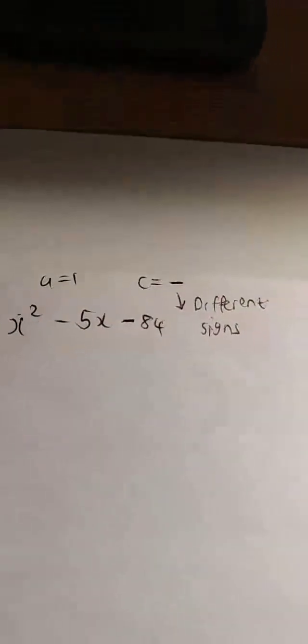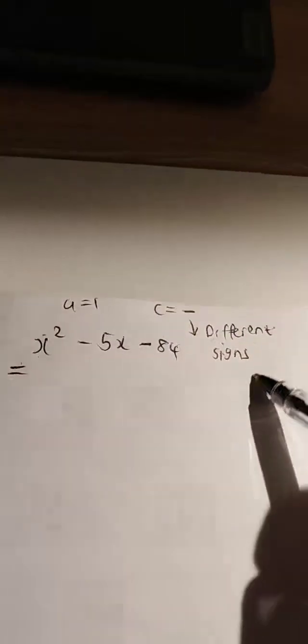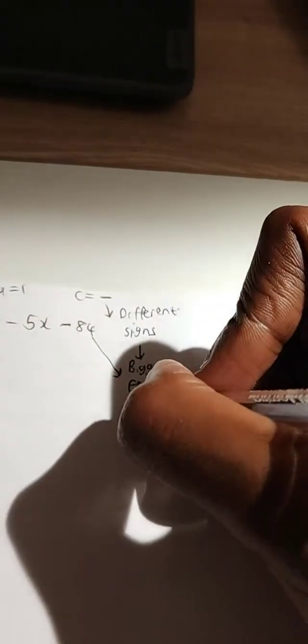For a negative constant, it means different signs. And it means the biggest factor out of your factors of 84 will have the sign of the middle term.